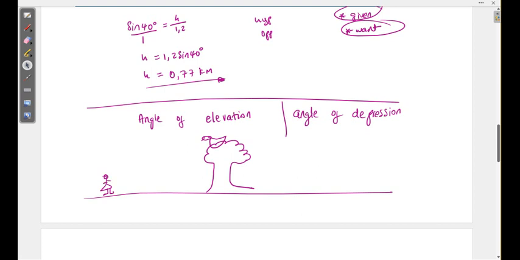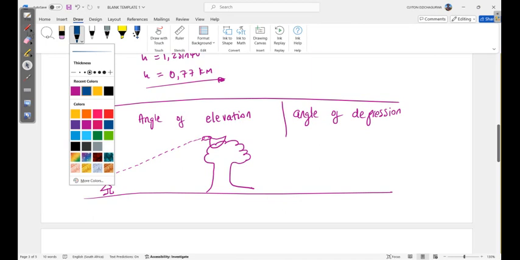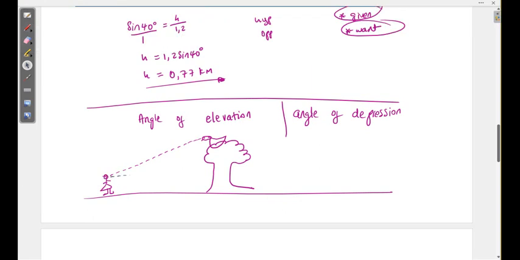Now, when she's looking at the bird, she's going to look up, isn't it? She's going to look up at the bird like this. When she's looking normally, when she's facing normally, the normal eyesight level will be straight like this. So the blue line represents the normal sight level. She's looking straight.